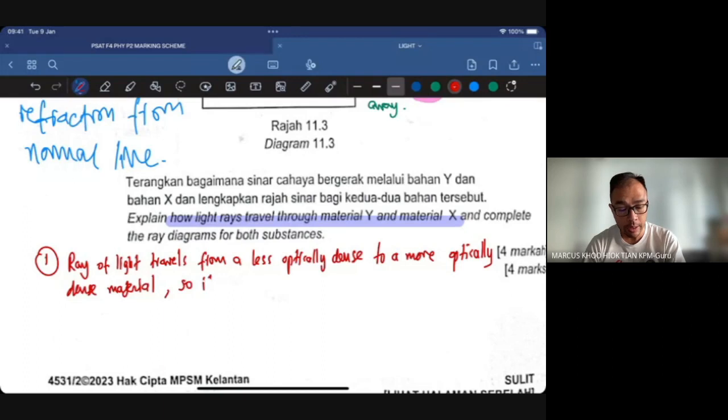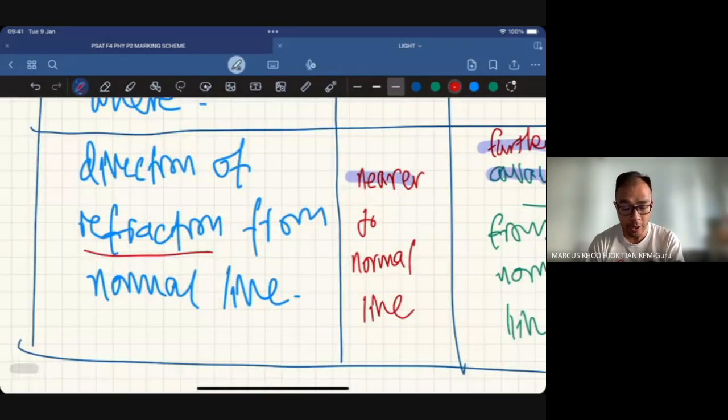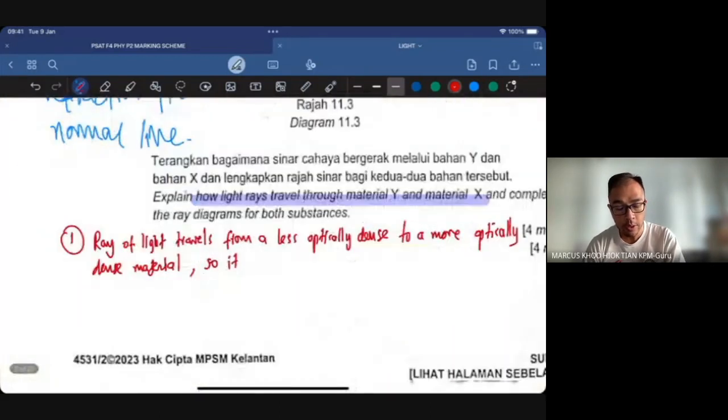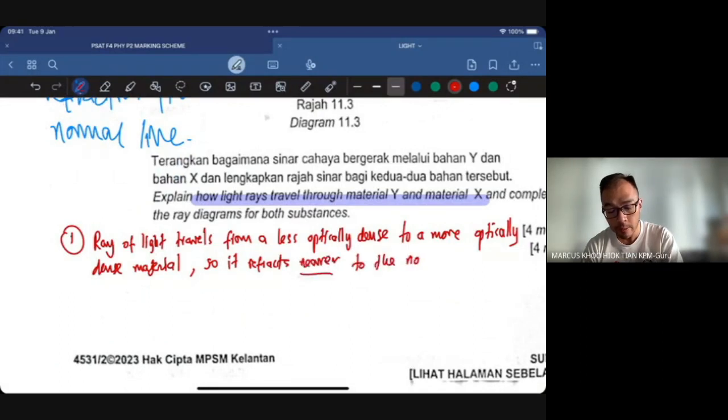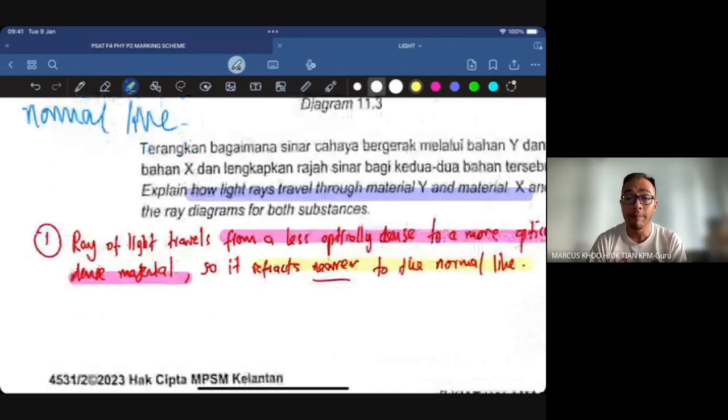So it refracts nearer to the normal line. So all the points are there: where it goes from and to, and then its movement, whether closer or further. So you have all this in one point.